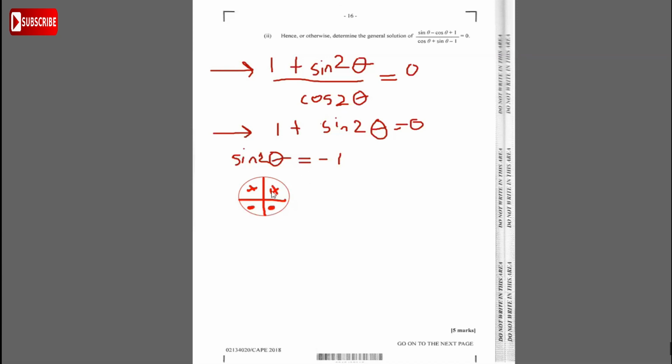Now, first thing is find the principal acute angle in the first quadrant, which is sine inverse of 1. Sine inverse of 1 is 90, pi by 2. That's the angle in the first quadrant. So the angle in the third quadrant is going to be pi plus pi by 2.